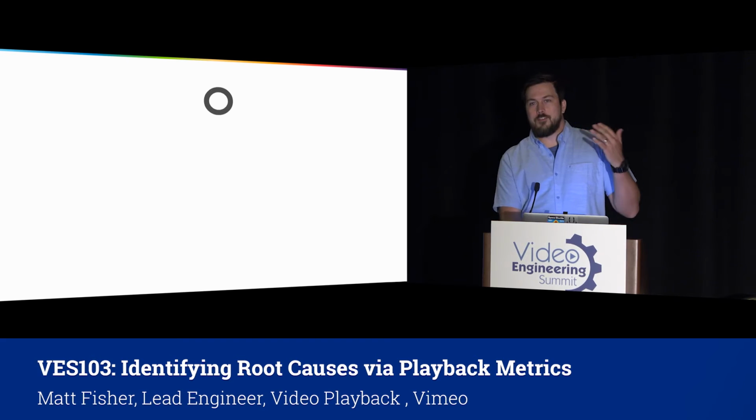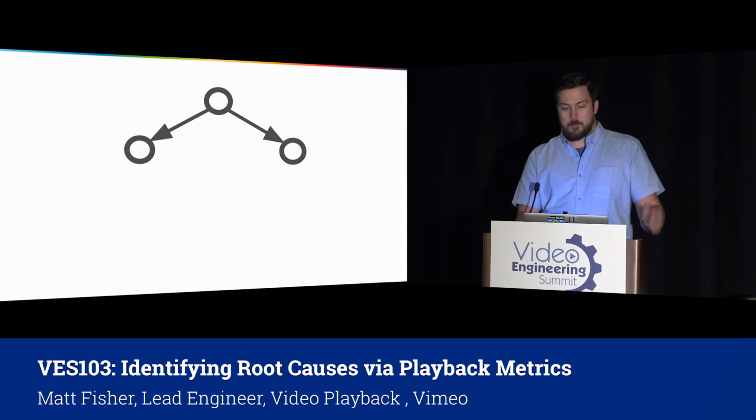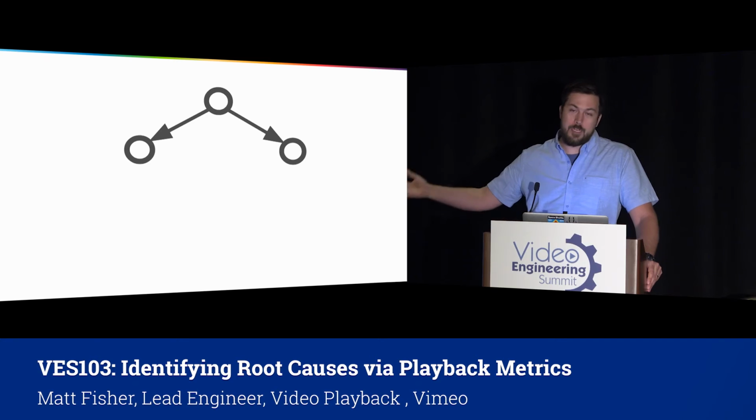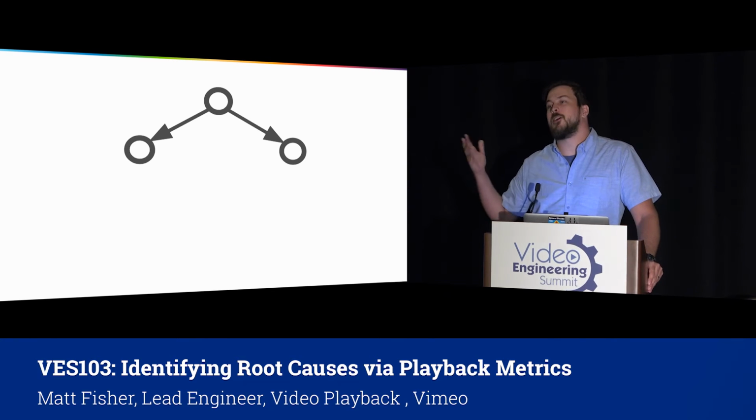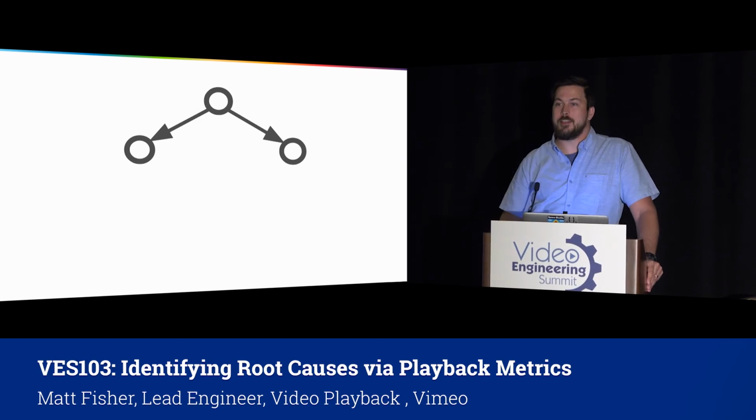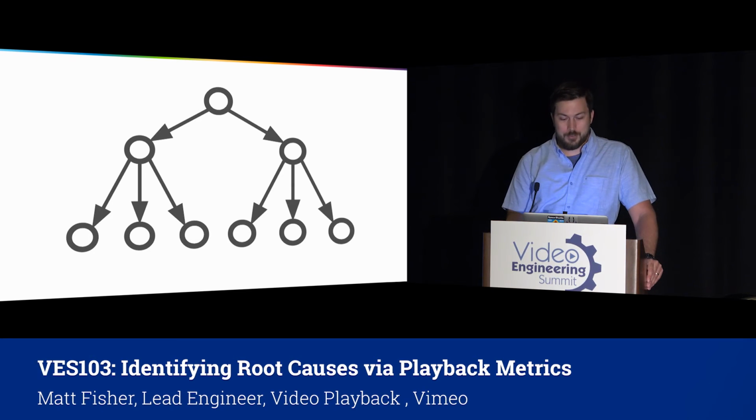Realistically, we have an issue represented by this circle. We could have an issue with startup time, as an example. We could break down this issue between maybe live and VOD. That's two very distinct, different delivery types and different infrastructures that could be driving them. We could break that down at a very high level.